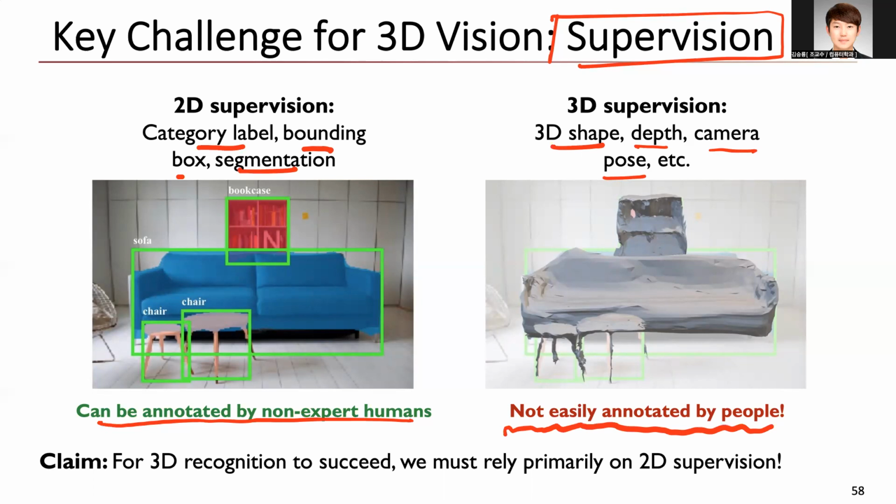For 3D recognition to succeed, we must rely primarily on 2D supervision only, not 3D supervision. So a key challenge in modern 3D computer vision, how to reduce the 3D supervision, is one of the essential questions to overcome the limitations of the aforementioned issues. This is a current topic in 3D computer vision.